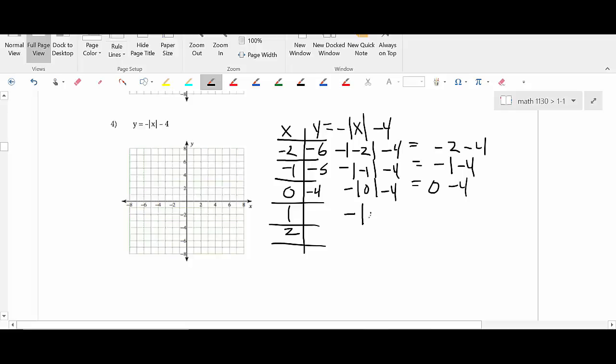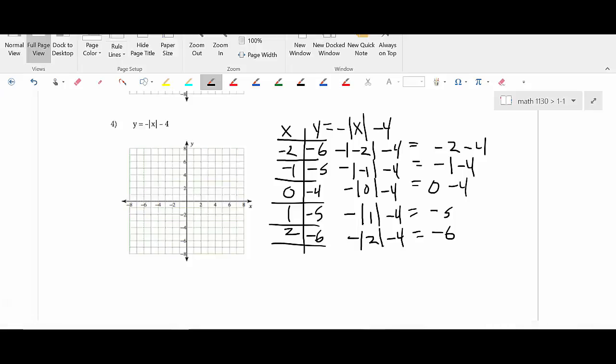We have negative absolute value of 1 minus 4. That's going to be -1 minus 4, so that's -5. And these things a lot of times have symmetry, and the next one is negative absolute value of 2 minus 4, so that's -6 like that. Okay, does everybody understand the arithmetic okay? If you've got absolute value, be sure you do that, then attach the negative, like that.